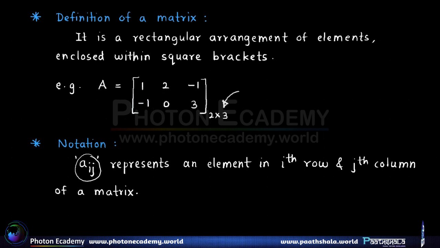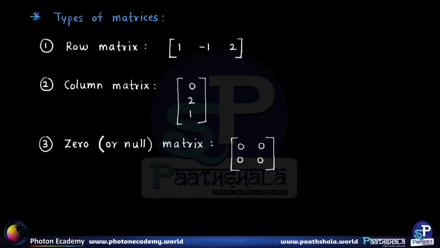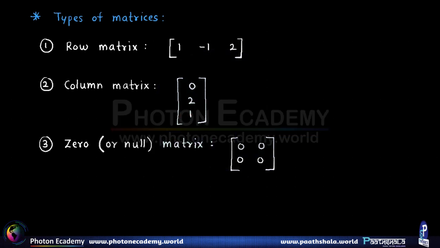Now let's move ahead and see various types of matrices that we'll be dealing with frequently in the examples. Now the first one is what is called a row matrix. As the name suggests, a row matrix is the matrix in which there is only one row. Similarly, the second one is a column matrix, which is a matrix in which there is just one column.